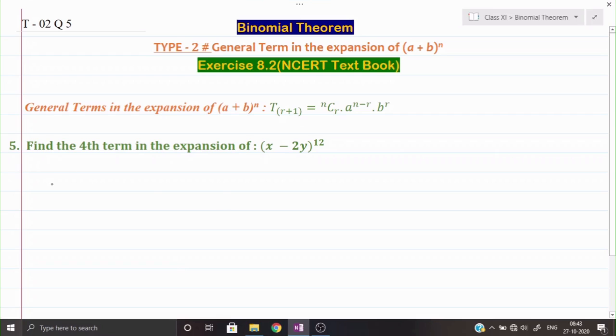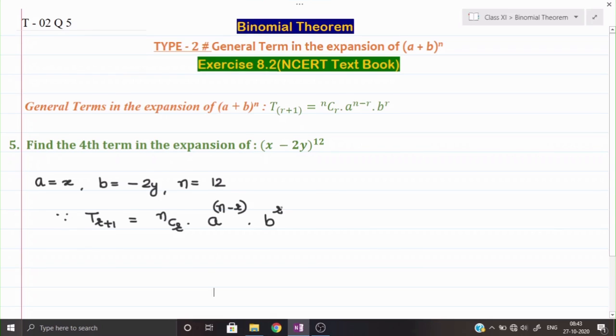First we will write down the value of a here. The value of a is given here as x, b is given here as minus 2y, and n is given here as 12. Since the value of T r plus 1 is equal to n C r into a to the power of n minus r into b to the power of r, let us put in the values first.